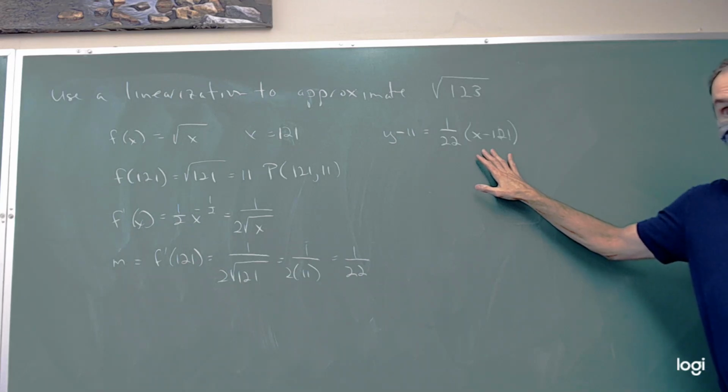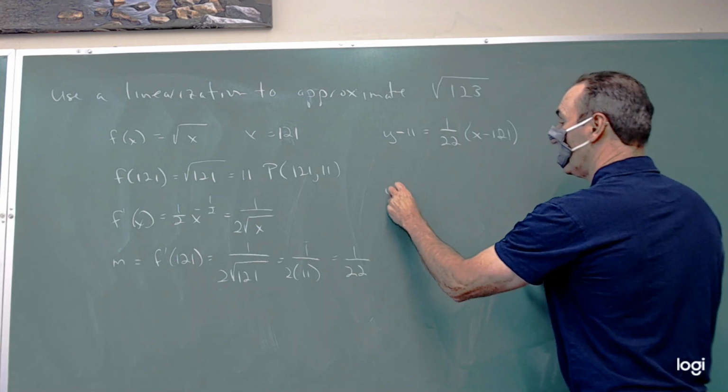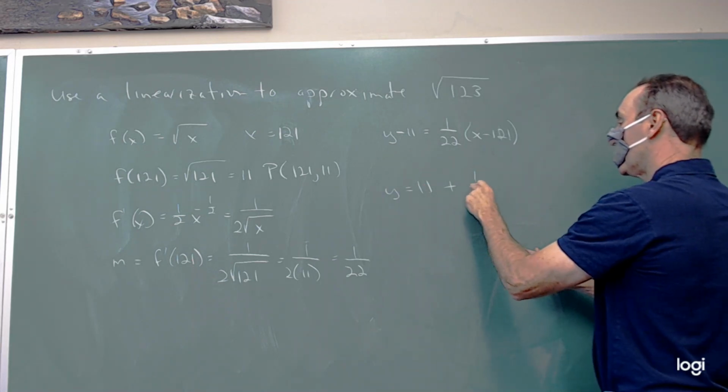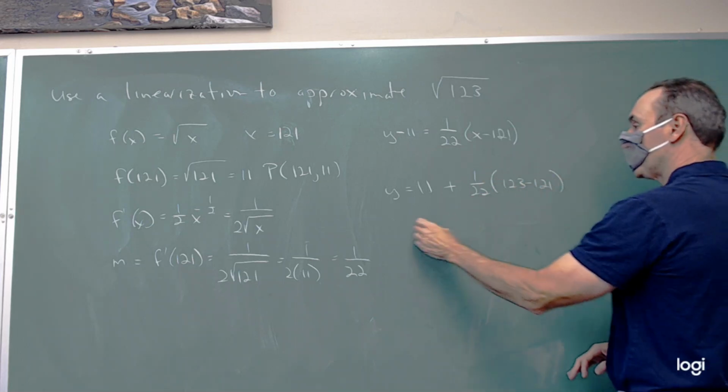Okay? You don't have to say it just to make me feel better. What are we going to plug in for x? 123. Does that make sense? And solve for the y. I'm going to add this 11 to the other side, and we're going to plug in our 123.